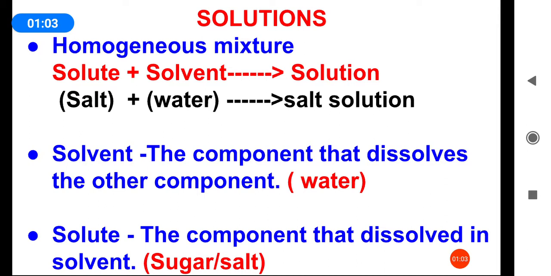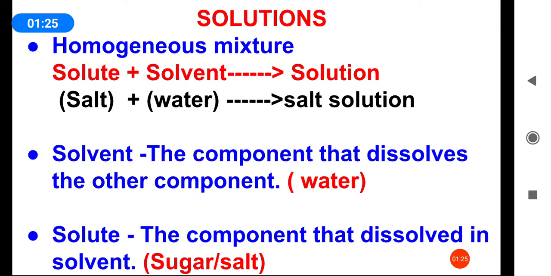A solution consists of a solute and a solvent. These are the two important components in a solution. What is a solvent? The component that dissolves the other component is called the solvent.